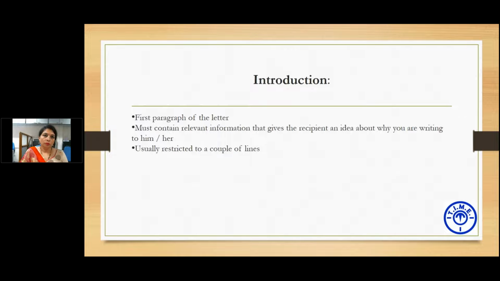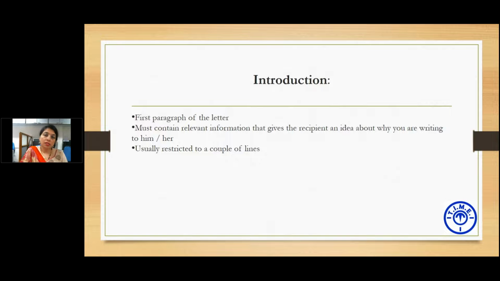Then we come to the body of the letter. The main content of the letter starts with the introduction. Introduction is the first paragraph of the letter. Because it's an informal letter, you can actually write anything in the introduction, but you have to make sure that this paragraph contains relevant information that gives the recipient an idea of why you are writing to him or her.